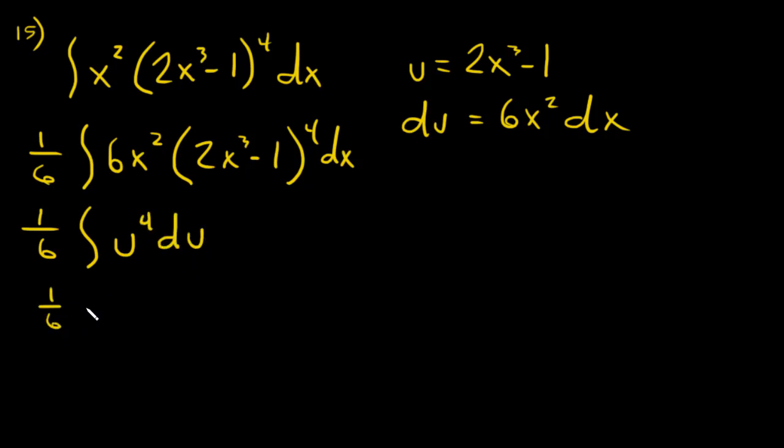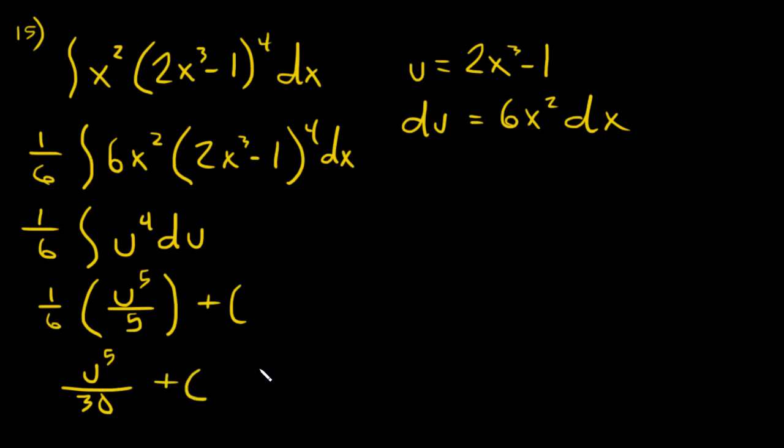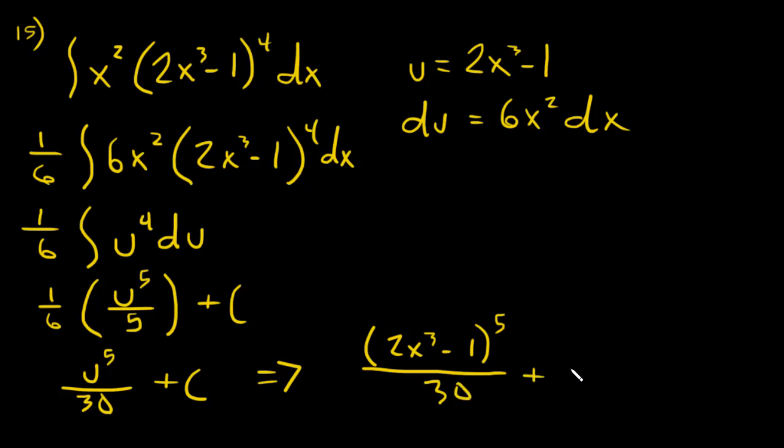That's 1/6 times u to the 5th over 5 plus c, which is going to be u to the 5th over 30 plus c, which when I substitute my x expression back in becomes (2x cubed minus 1) quantity to the 5th over 30 plus c. And there you have it. That's your answer. Not too bad.